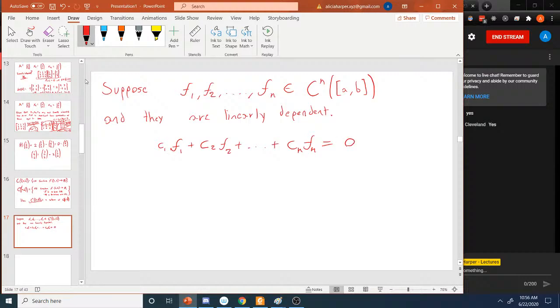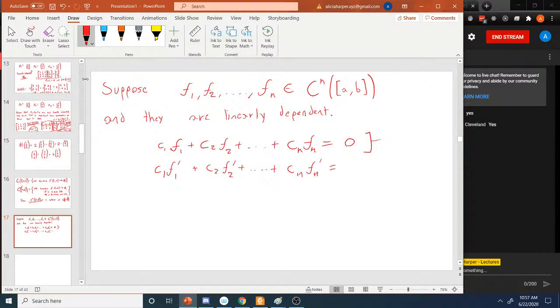Well, because all n of these functions are differentiable, we can in fact take this relation right here and differentiate it. We'll note that C1 through Cn are constants, so the derivative is going to be C1 times f1 prime plus C2 times f2 prime plus and so on, Cn times fn prime.